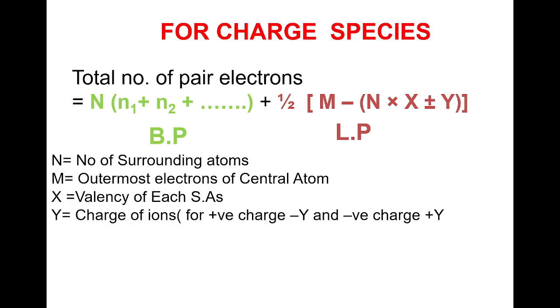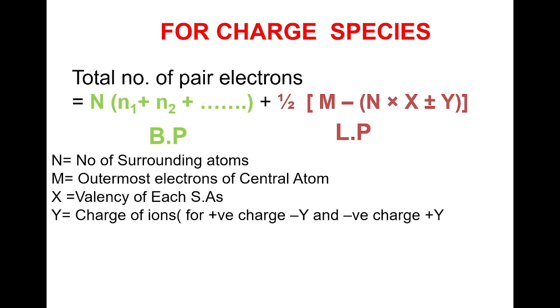Suppose we have charged species, such as CO3 2 minus carbonate ion, sulfate ion, NO3 minus, NO2 minus, NH4 plus. For charged species, how will we predict the shape? All the formula is the same, only the last part, the lone pair part, has a plus or minus Y. If there is a negative charge, then we add that charge.